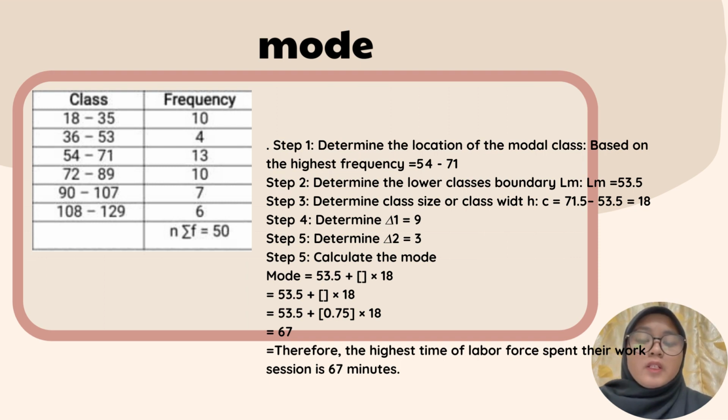Delta 2 equal 3. Calculation: the mode equal 53.5 plus 9 divided by 9 plus 3, multiply 18, equal 53.5 plus open bracket 9 divided by 12 close bracket multiply 18.